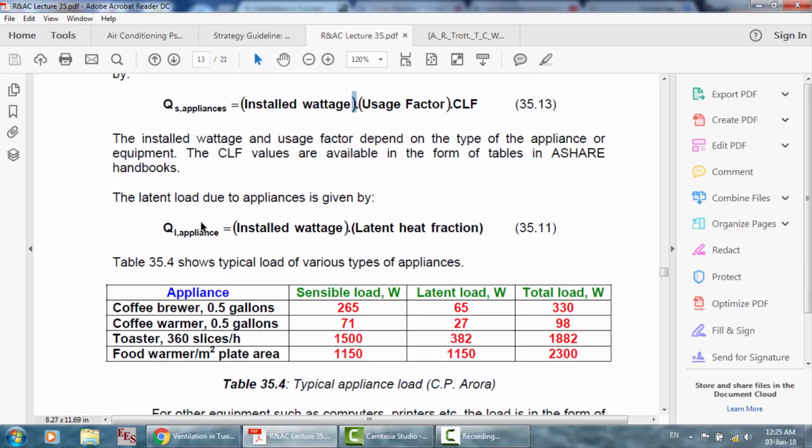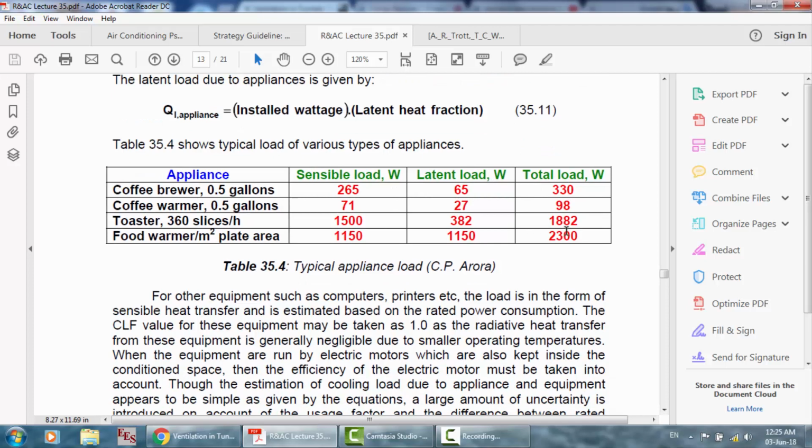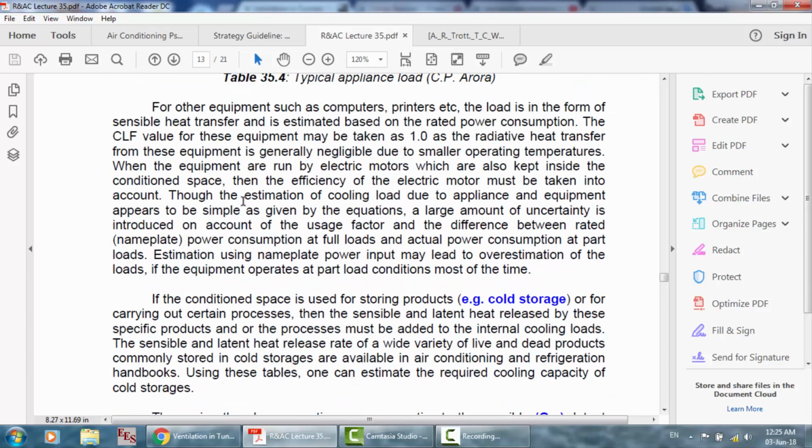Also, the latent is installed wattage multiplied by the latent heat fraction. And here is the sensible load, latent load, and total load. We got these from the ASHRAE standards.